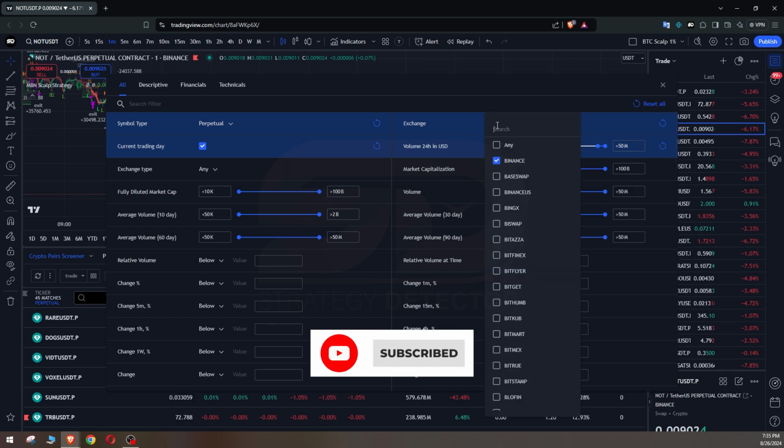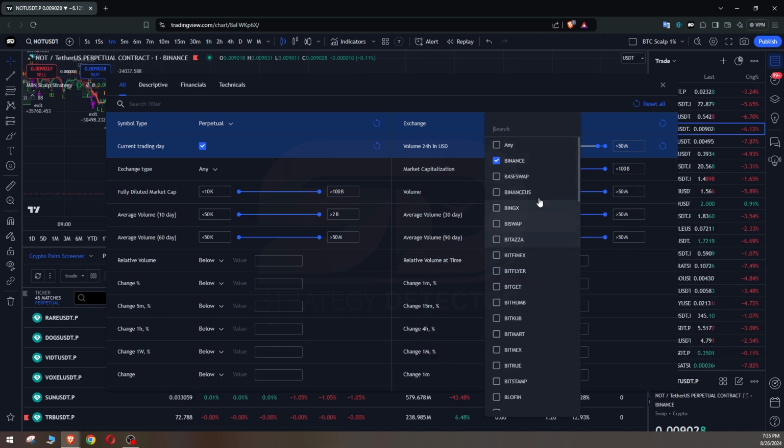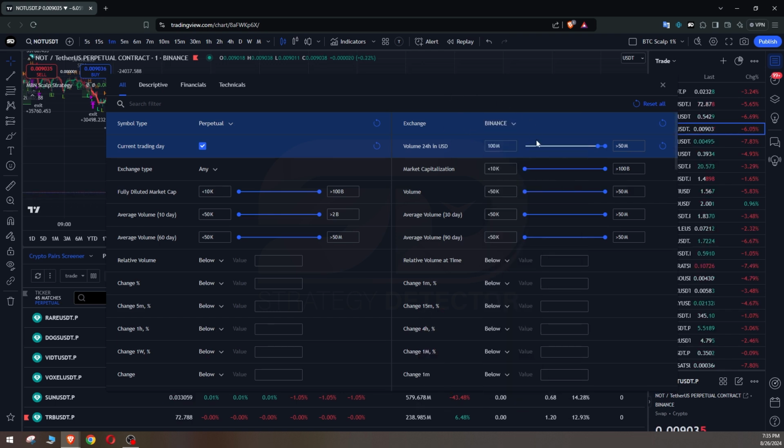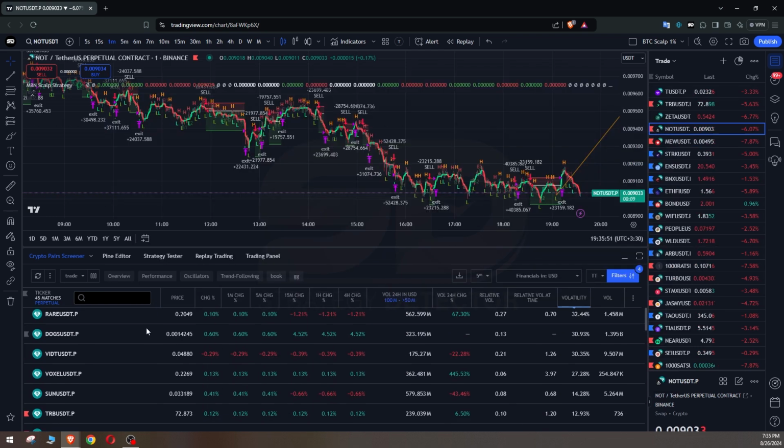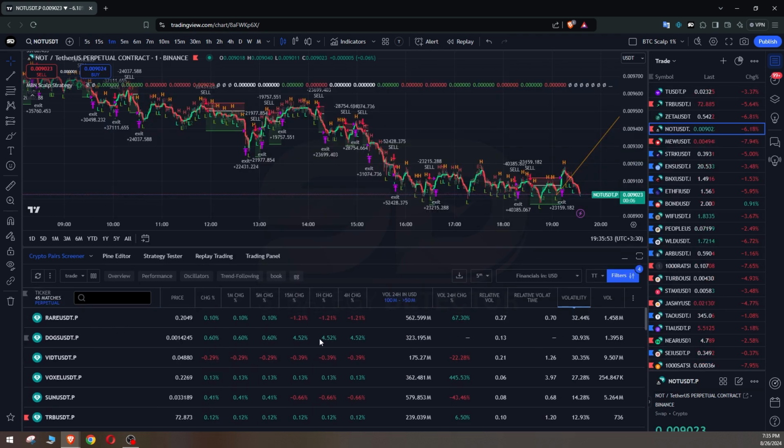For example, I use Binance, but you can select other exchanges as well. Even if you are active on other exchanges, you can use Binance as a good example since exchanges are often interconnected through arbitrage. Now, here are our 45 currencies displayed that each have had over $100 million in trading and have high volatility. From these, you can select currencies for scalping.